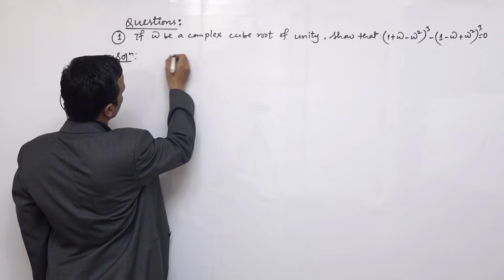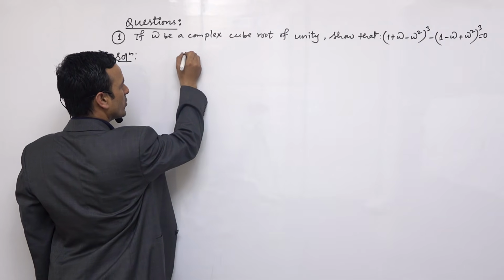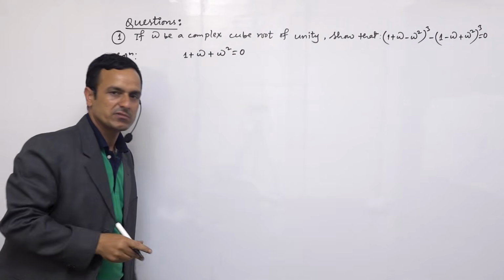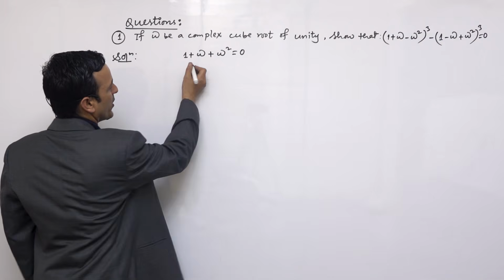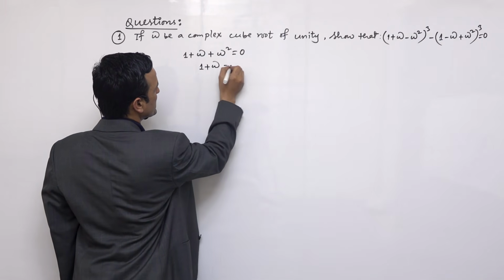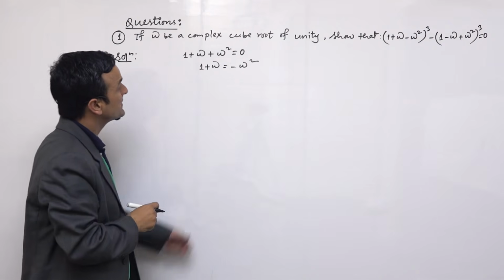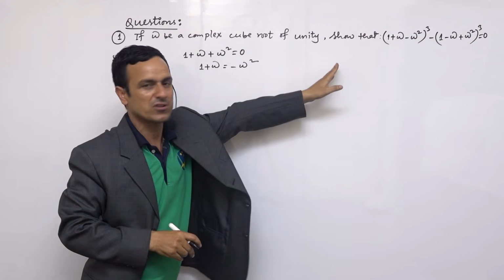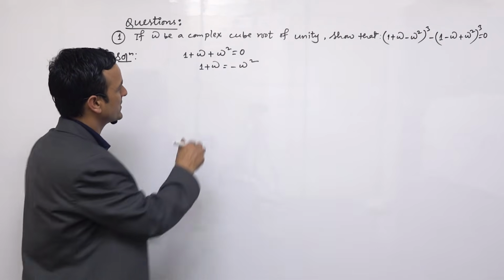We have the relation 1 plus omega plus omega square is equal to 0. This is the formula. From here, 1 plus omega means what? Minus omega square. When you transpose to the other side, it will be this one.